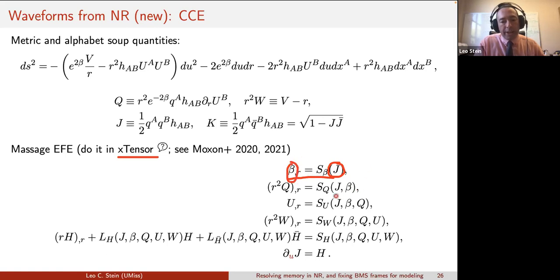Now you have beta and J, so you have the right-hand side of this equation, and you can integrate it to get Q, and so on and so forth. You go through this hierarchy of equations, recovering all of these quantities until you've recovered H, and then H is on the right-hand side of this evolution equation, so you can take a step forward in time, which is U. And then you just solve the system of equations going all the way out to scri.